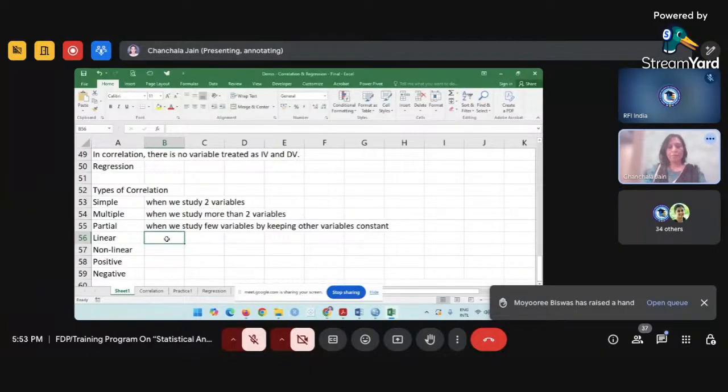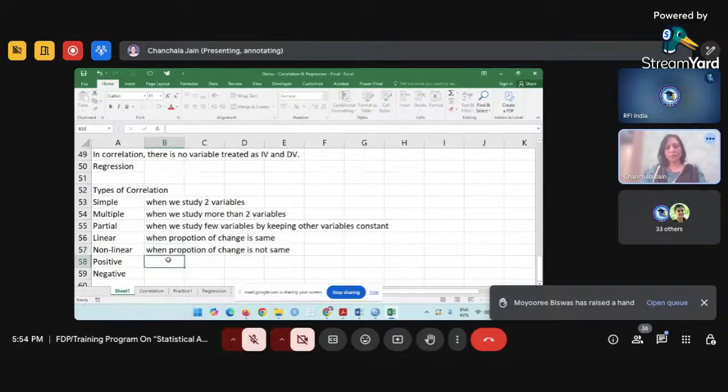Linear meaning is when the proportion of change is the same, it is linear. Vice versa, when the proportion of change is not the same, it is non-linear.